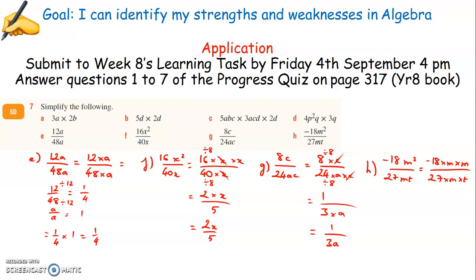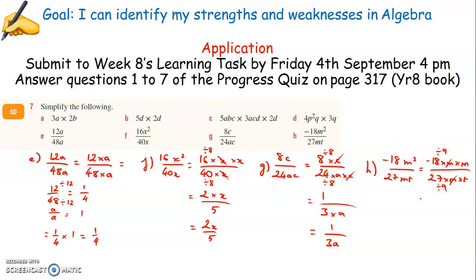There is 1m at the top and 1m at the bottom, so we can cancel them. So at the top, we still have 1m left. And what number can go into, let's ignore the negative for now, 18 and 27? That number is 9. That's the largest number.